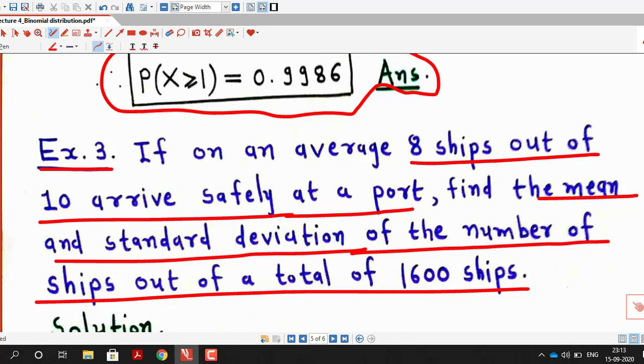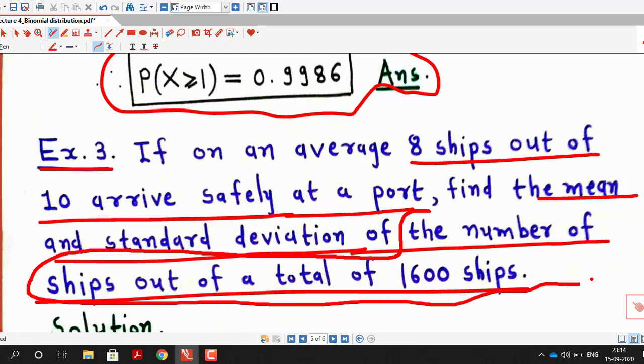So we are asked to find the mean and standard deviation of the number of ships out of a total of 1600 ships. So first we have to define the random variable.